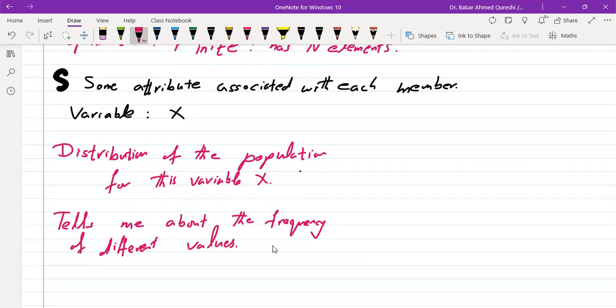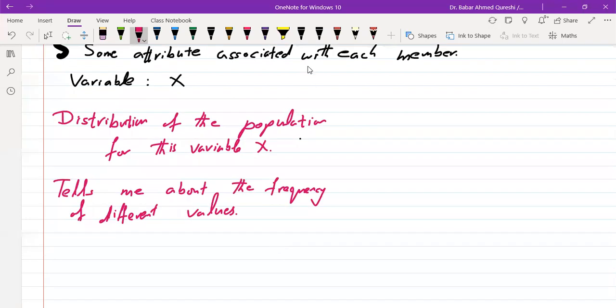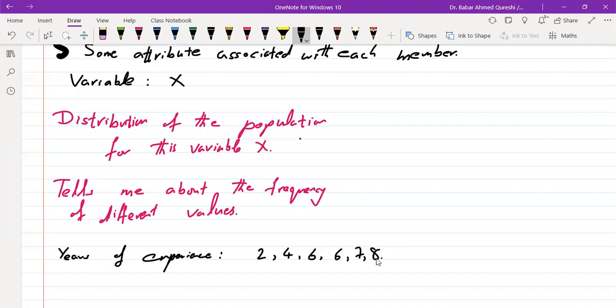Now, for example, this is just an example from the book, the first example over there. So there are 6 employees in a company, and they have a certain number of years of experience. The first one has 2 years, the other has 4, third one has 6, fourth has 6, 7, and then 8.